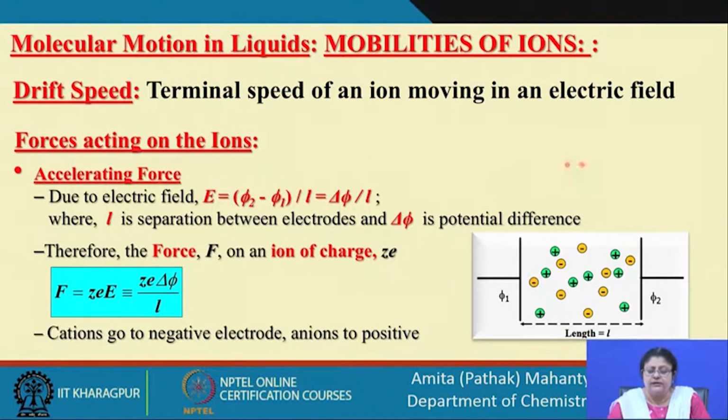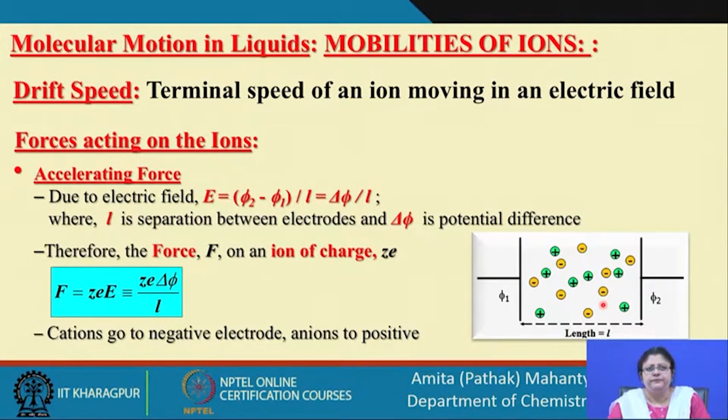The circuit is completed, and the movement of the ions through the solution actually completes the circuit. So, the accelerating force will be due to the electric field which exists. What is that electric field going to be? It is the potential difference across the two electrodes divided by the length between the two electrodes. So, L is the length separating the two electrodes and delta phi is the potential difference across the two electrodes.